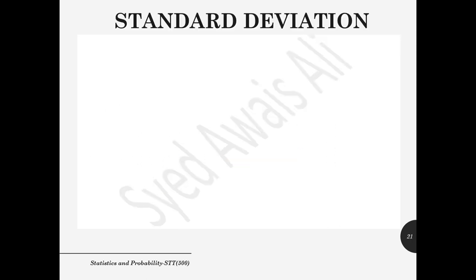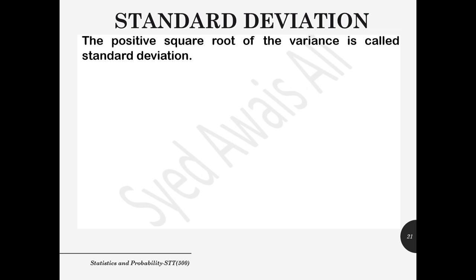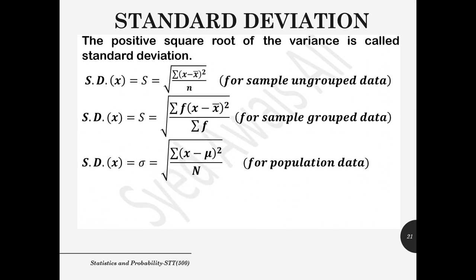So what is the standard deviation? Standard deviation is the positive square root of the variance. Either it is calculated from population or sample. So these are formulas for S.D., meaning standard deviation, denoted by capital S, or it can be a small s, depending upon what you are finding, either biased sample variance or unbiased sample variance.